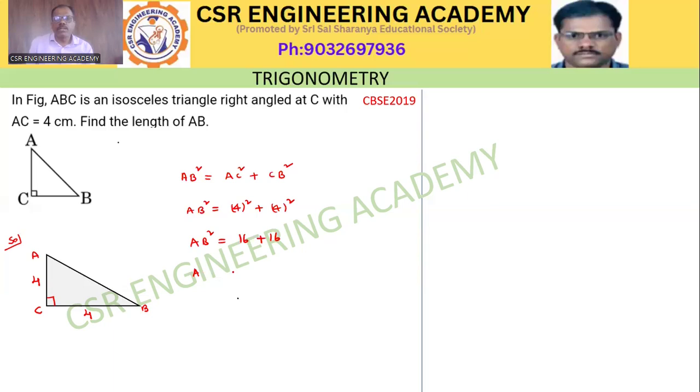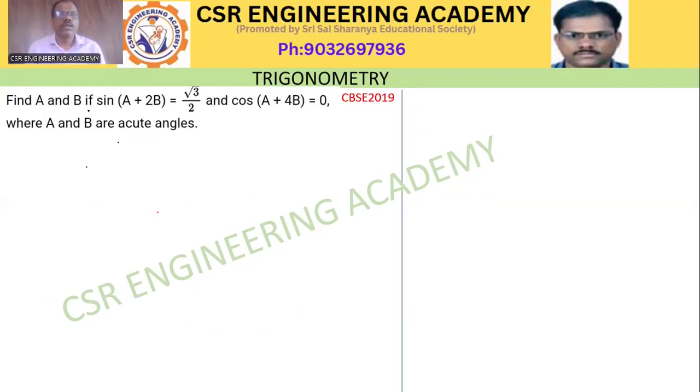AB is equal to root of 16 plus 16, that is root 32. AB is equal to root of 16 into 2, that is 4 root 2 centimeters.